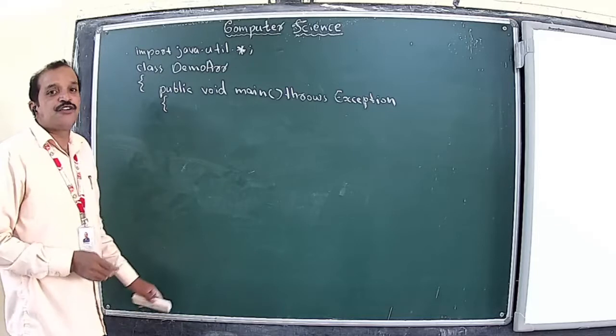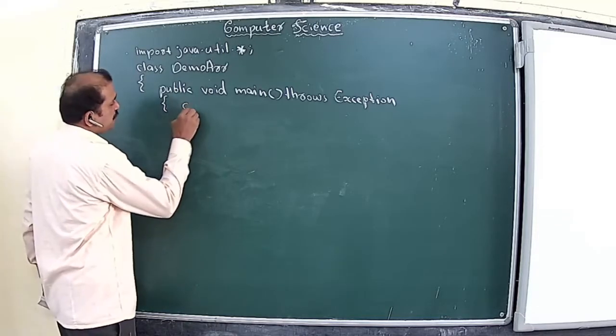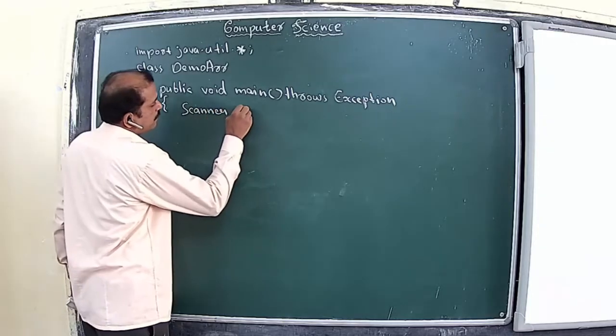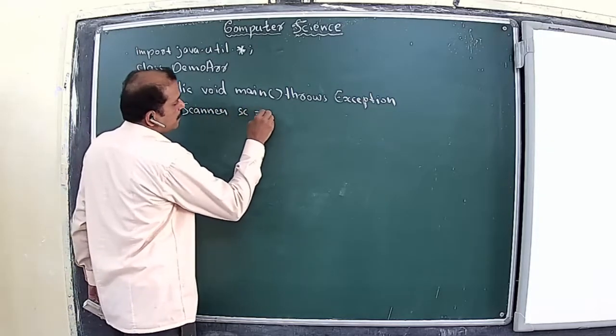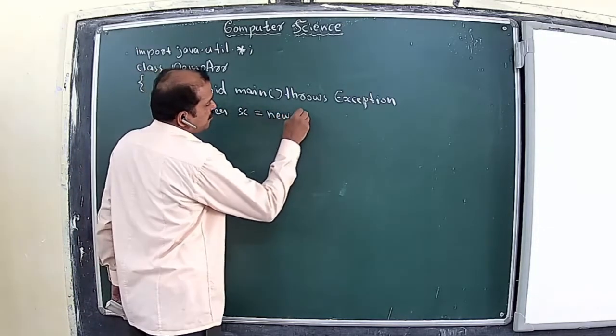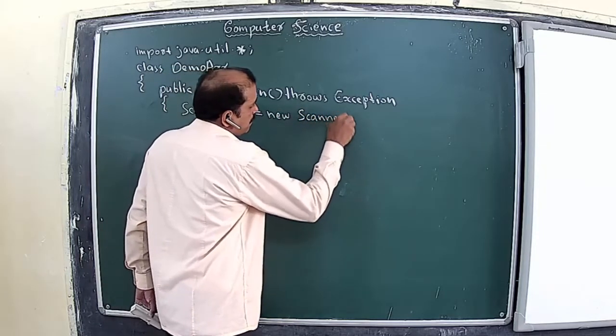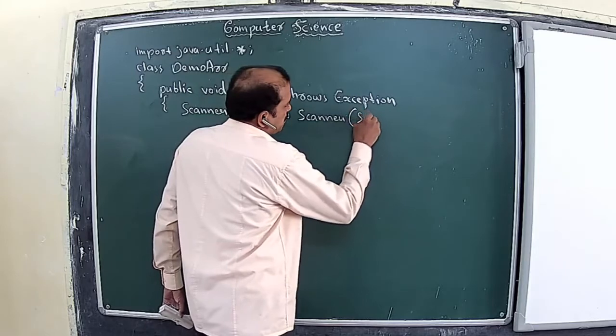After that, first of all, we create the scanner class object: Scanner s equals new Scanner of System.in.